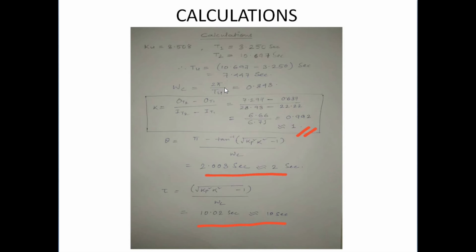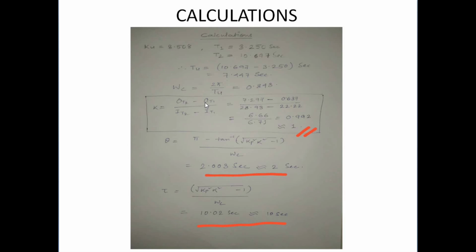So keep in mind whatever calculations we are doing here is in radians. That means we are using these values pi and all this, it should be in radians. Right. So omega c is equal to 2 pi by tu. Whatever we are getting, the value is like 0.843, right?